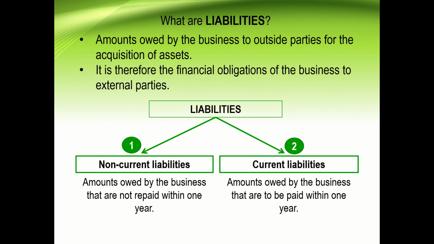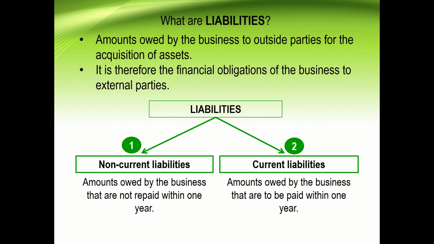Now, let's move to the liabilities. So what are liabilities? Liabilities refer to the fund supplied by external parties to the business for the acquisition of asset. It is therefore the financial obligation of the business to external party.